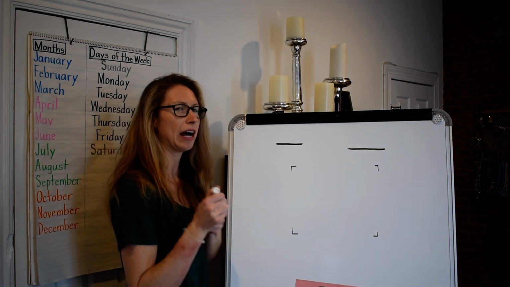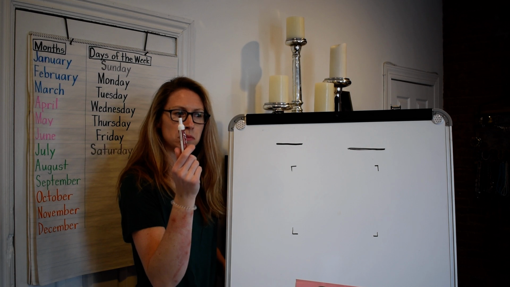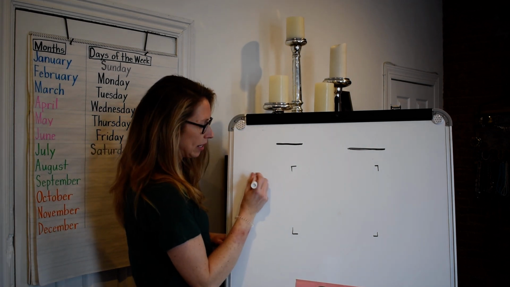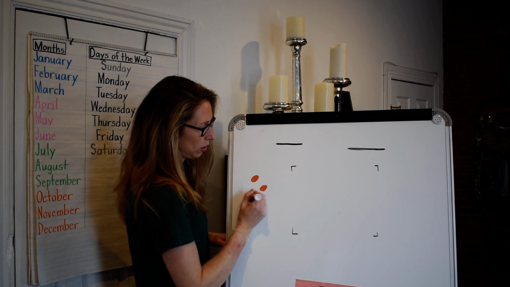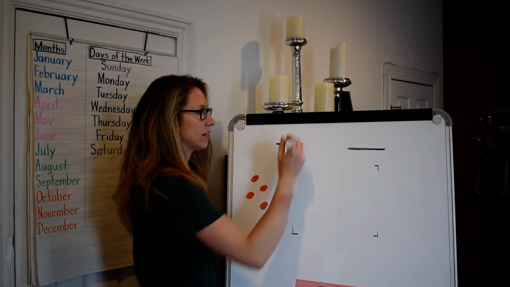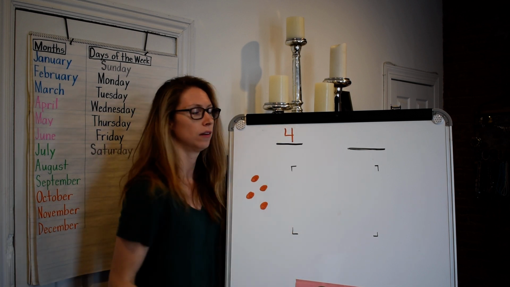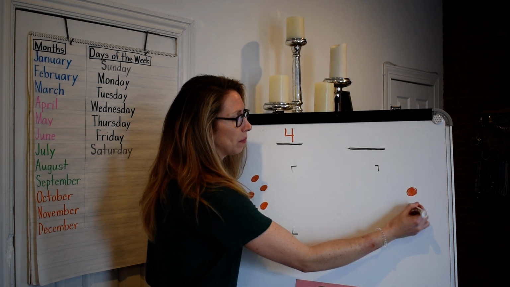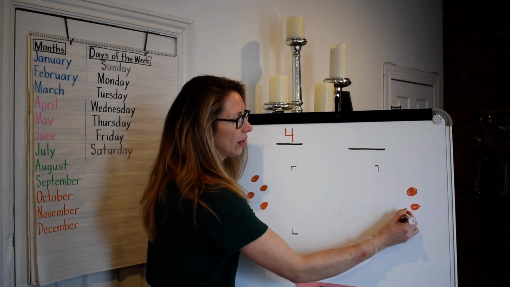Let's say we've got pinto beans. Pinto beans are kind of a brown color. Let's say we have 1, 2, 3, 4 pinto beans on this side. But what if we only have 3 pinto beans on the other side?